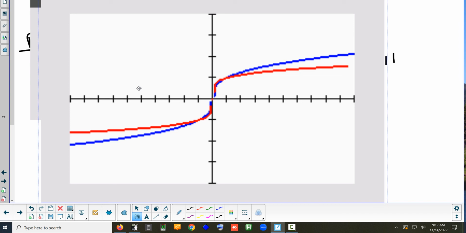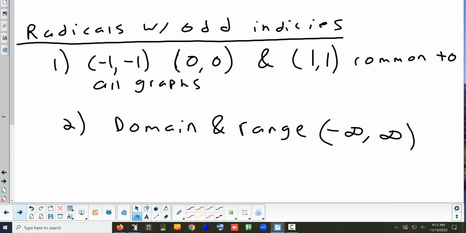Yep. -1, -1. Yep. And yep, 1, 1. So odd roots have 3 points that are common to all of them. Again, what if you took a problem and you shifted it left or right?